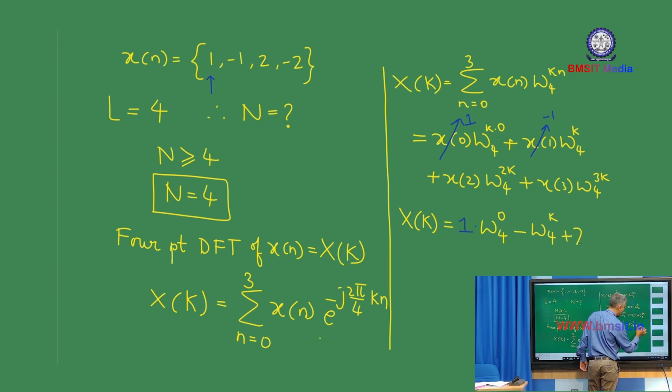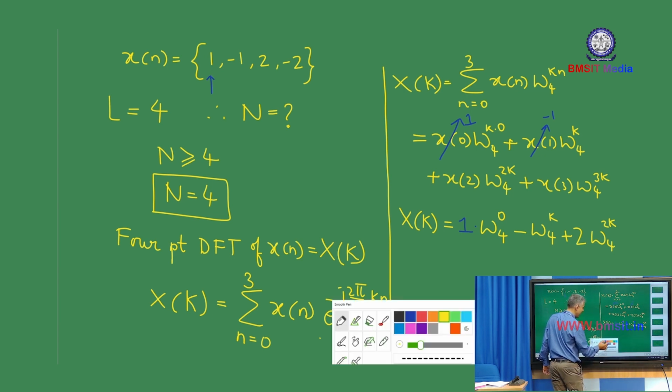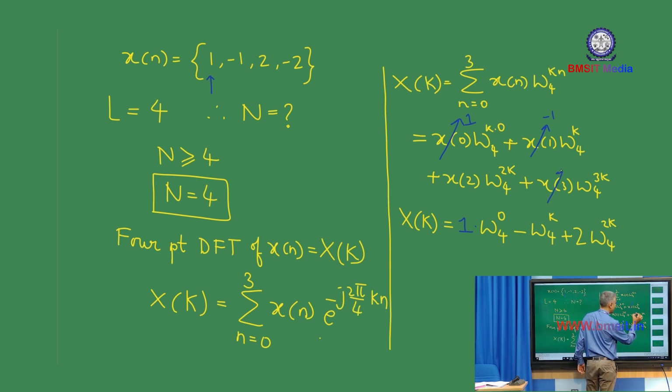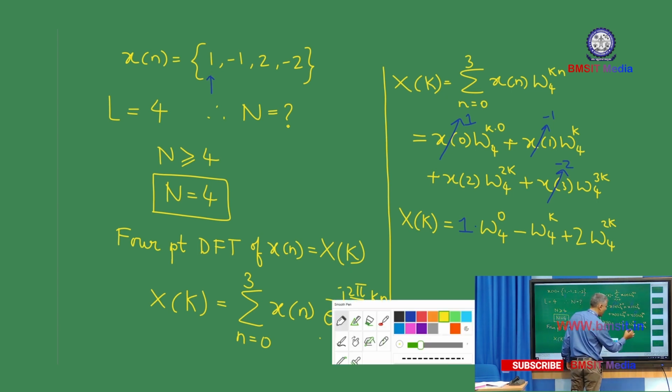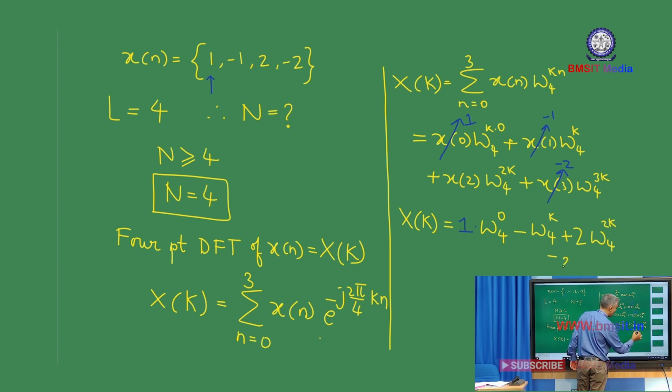So it is 2 into W4 raised to 2k. And finally, x of 3, whose value is minus 2. So let us incorporate that in the expression: minus 2 into W4 raised to 3k.